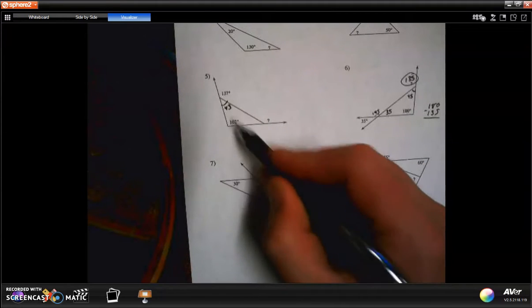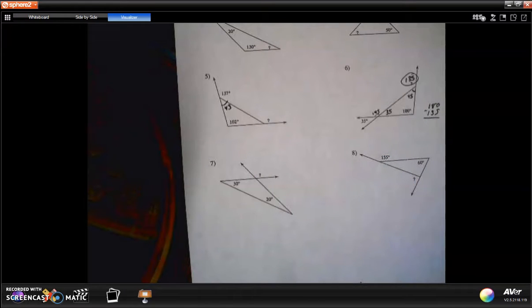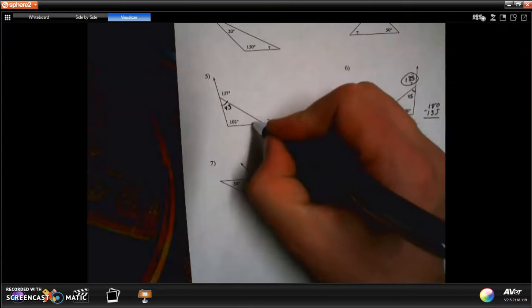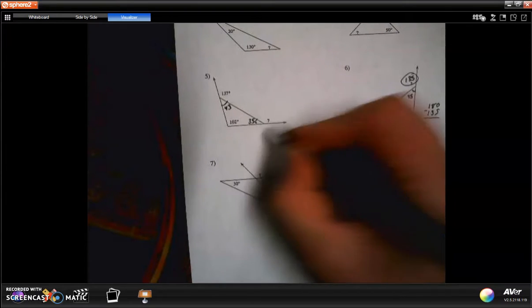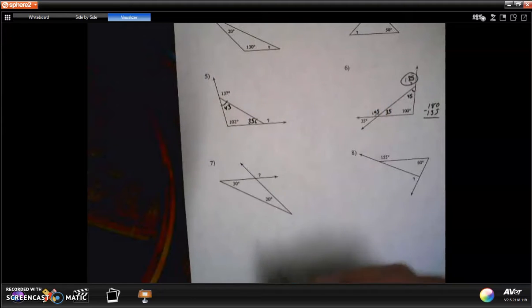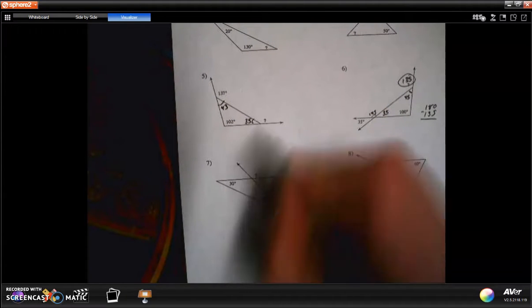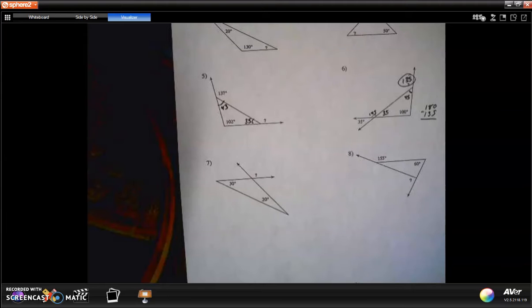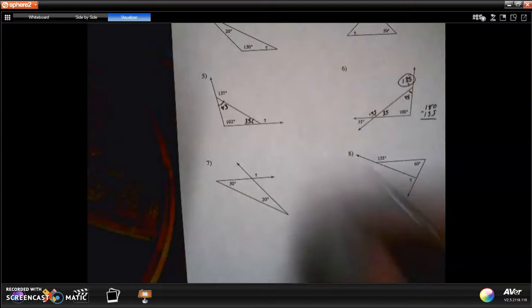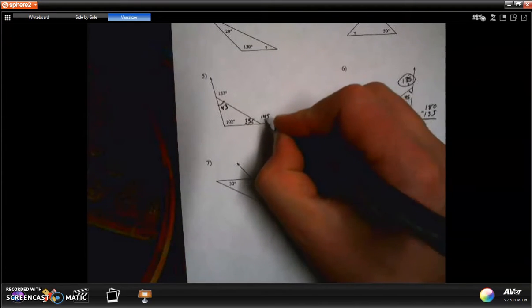Oh, but there's a triangle. 102 plus 43 is 145. If I subtract that from 180, I find this to be 35 degrees. Those three angles add up to 180. If this is 35 degrees, then this angle plus that angle has to equal 180, so 180 minus 35 is 145 degrees.